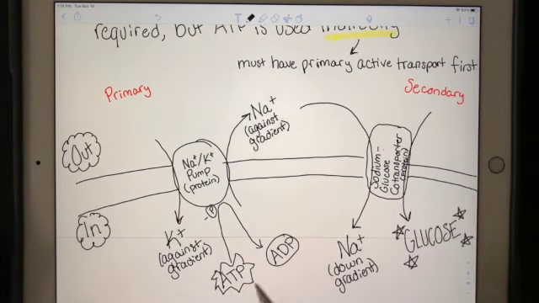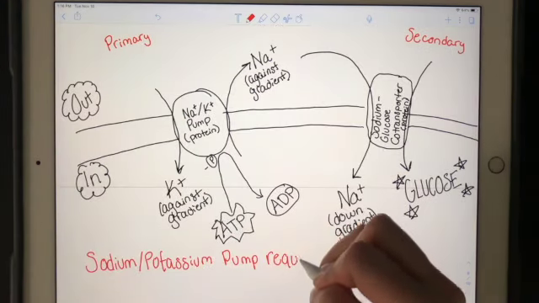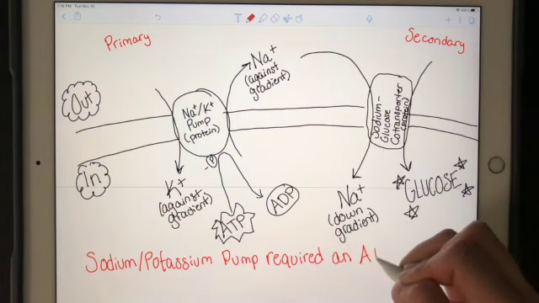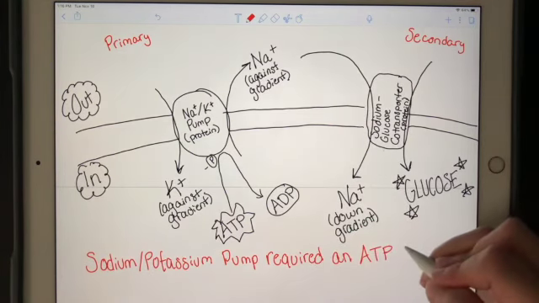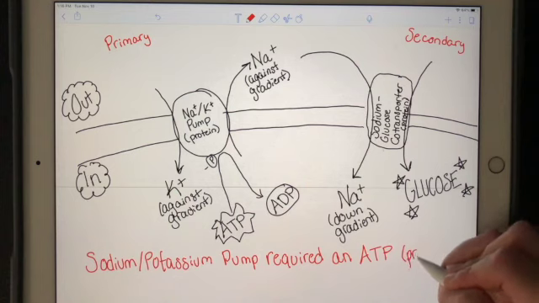So in the long run, by doing this, we're saving ourselves ATP, because with one molecule of glucose, we can get upwards of 20 molecules of ATP. And we only had to use one in order to bring it in. The sodium-potassium pump required a molecule of ATP because it is primary active transport.